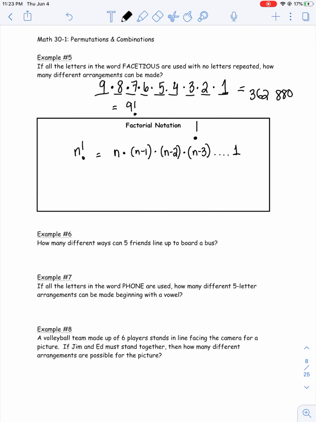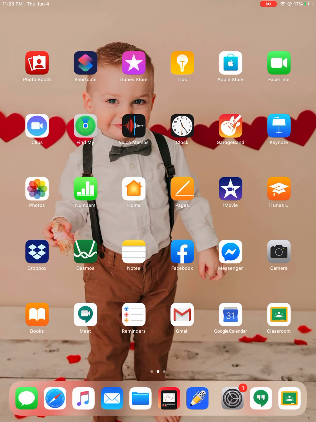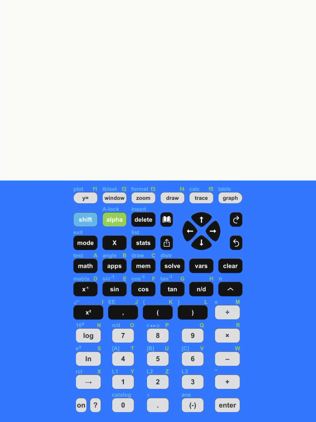So we have buttons in our calculator that can do this for us. What you're going to do is press the number first, your n number, which in our case was 9. Then you're going to press math.